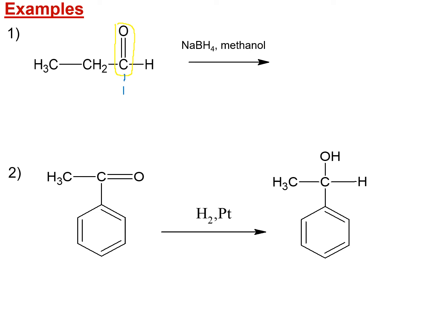Okay, satu dekat carbon, satu lagi dekat oxygen. Therefore, the product that will be formed is CH3CH2CH2OH.